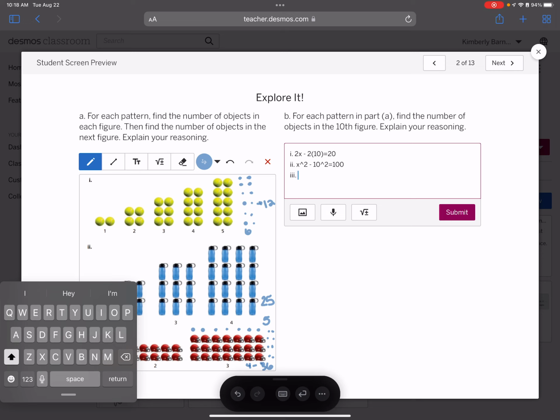But the equation that I came up with for this is x times 2x plus 1.